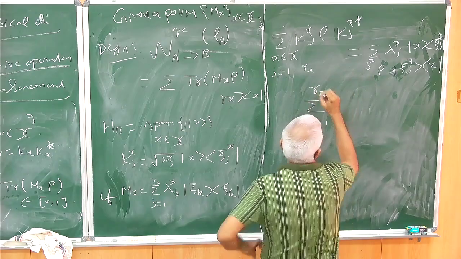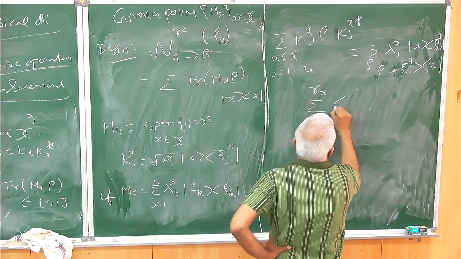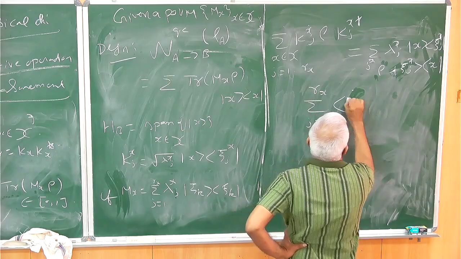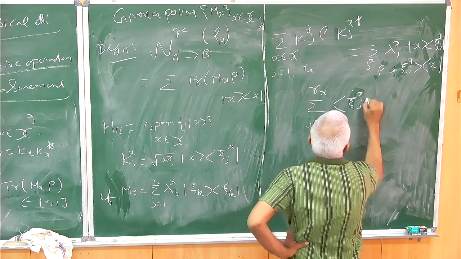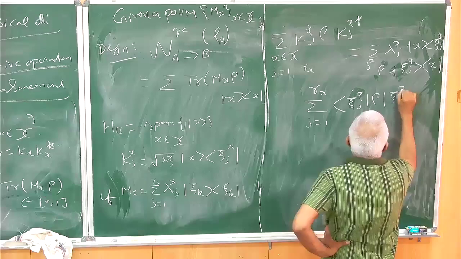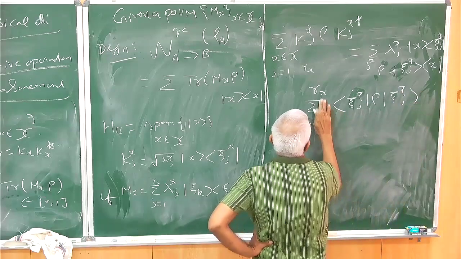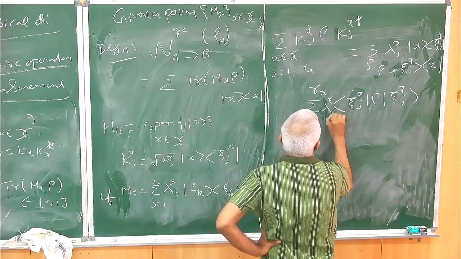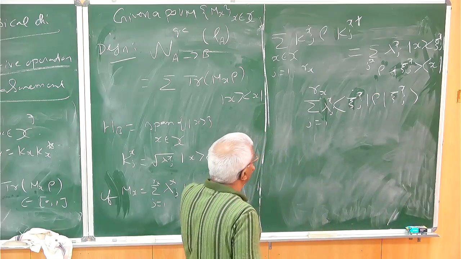We keep the summation over x outside, and we have <x_j| rho |x_j> with lambda_xj also.